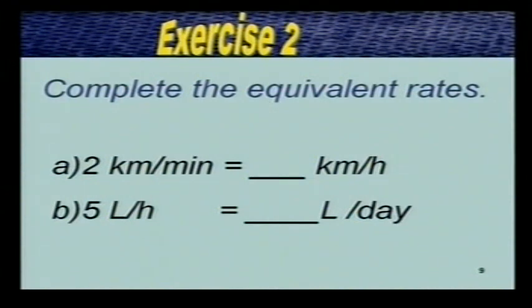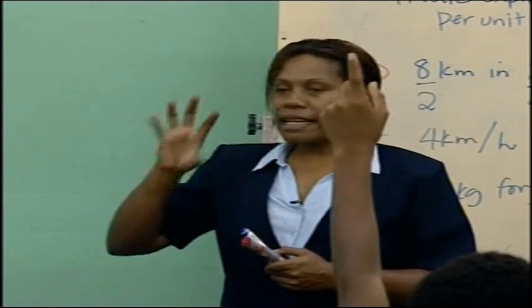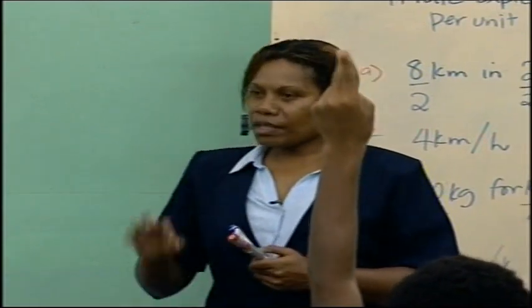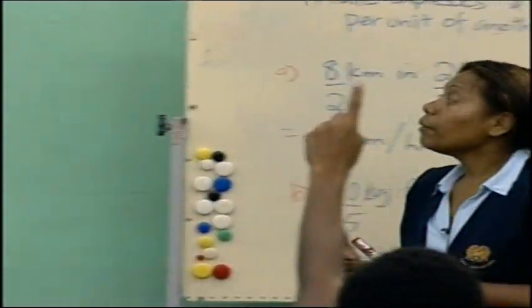How many kilometers per hour for A? The rate has been given, 2 kilometers per minute. 2 kilometers for every minute, okay? Now remember, there are 60 minutes in an hour. How many kilometers will be for an hour?